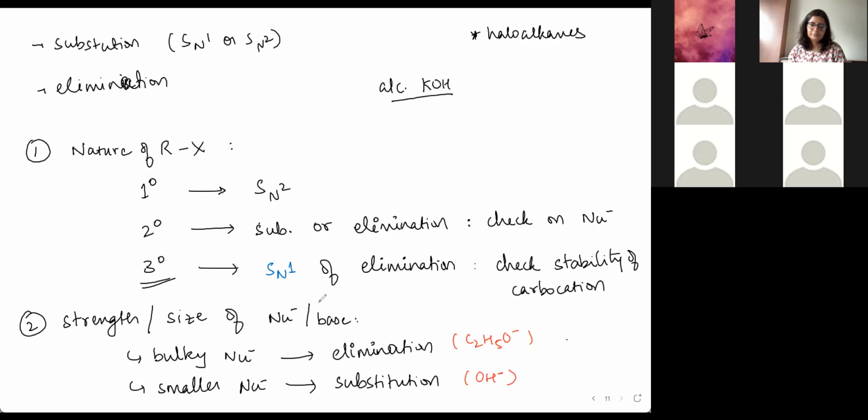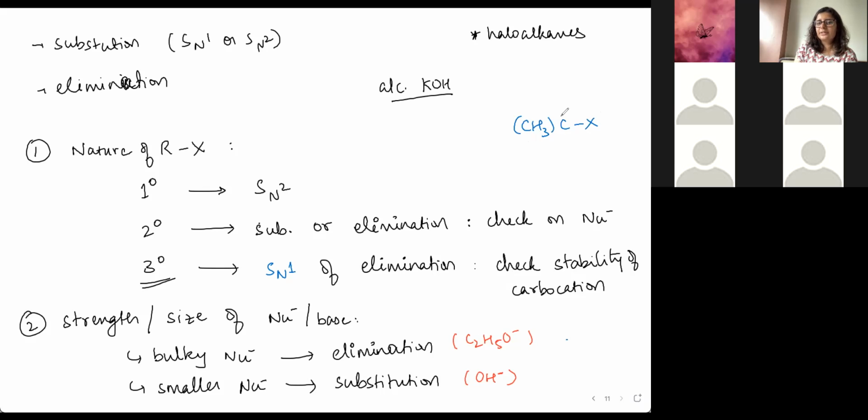Ma'am, why is it written check stability of carbocation? Isn't it more stable for tertiary? Absolutely. But in order to check the final product, if you have a simple tertiary substrate, it's pretty straightforward: Sn1 will happen, and if the nucleophile is bulky, elimination will happen.